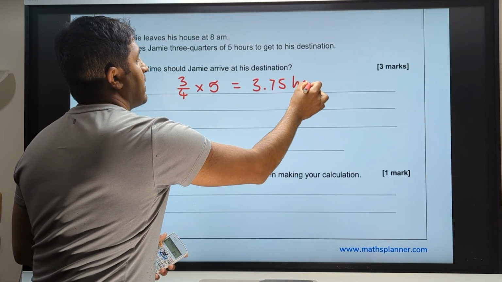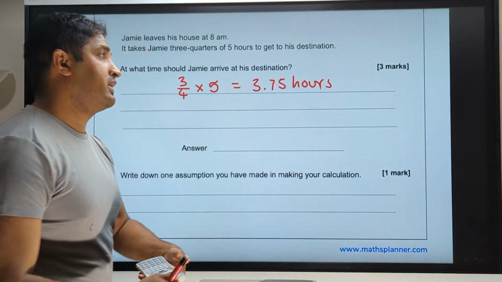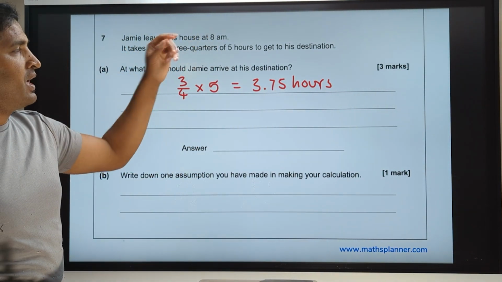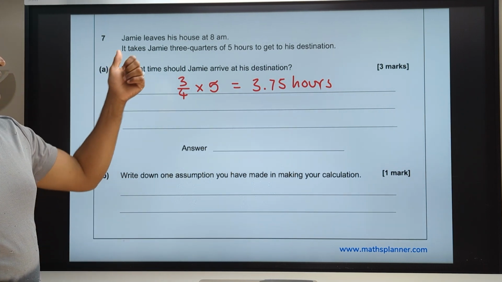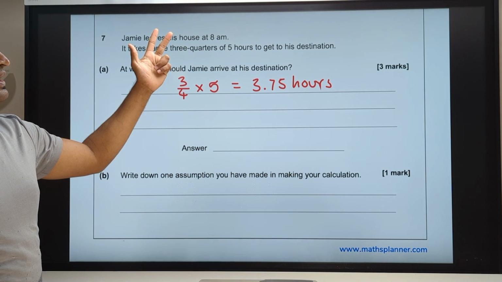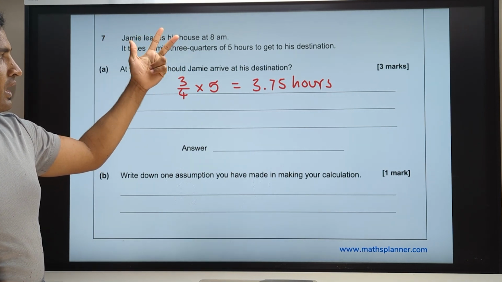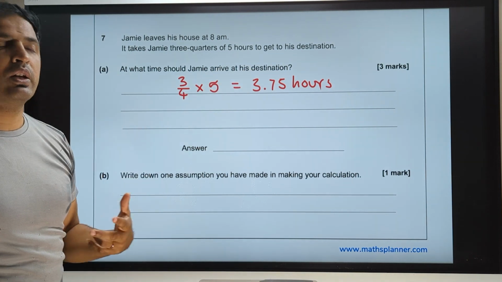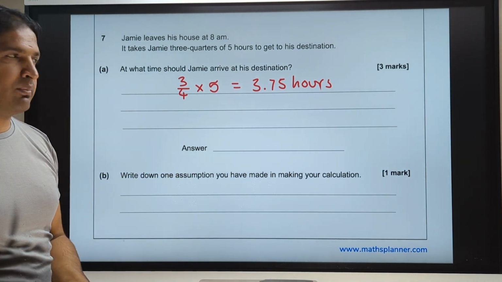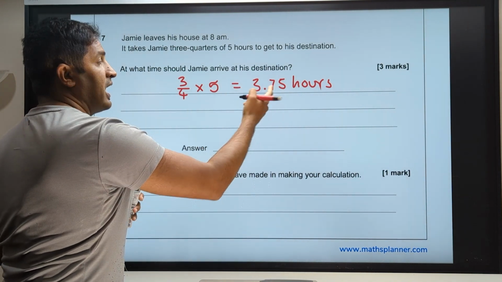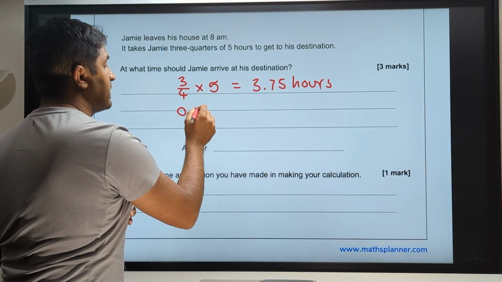3.75 hours. Now that doesn't mean it will take him from 8 at 3.75. It doesn't mean it would be 9 o'clock, 10 o'clock, 11 o'clock and then 75 minutes. No, it means 11 o'clock and 0.75 hours means 3/4 of an hour, which is 45 minutes. If you wanted to work out what that would be, we change that 0.75 into minutes.